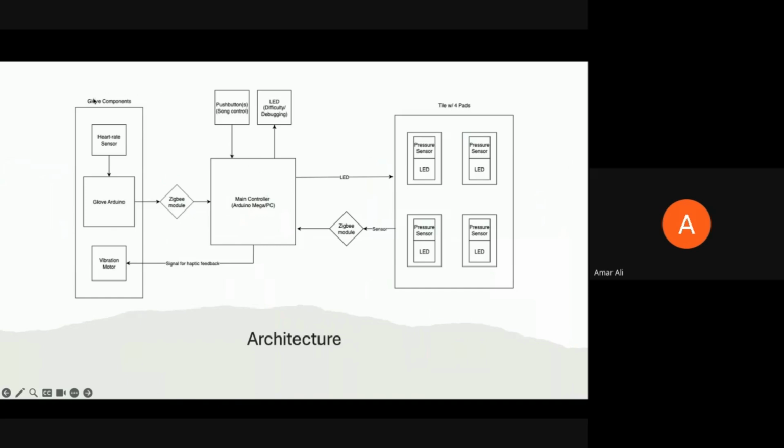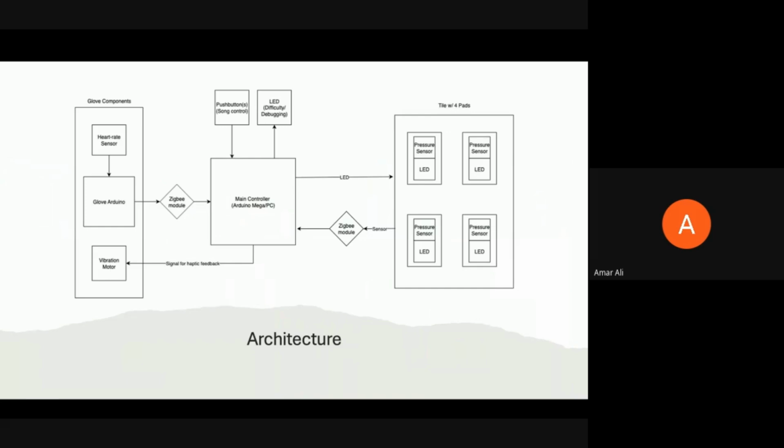The glove component that the user will hold will have a heart rate sensor to measure their beats per minute. It will have an Arduino on it in order to take the data from the heart rate sensor, and a vibration motor controlled by the Arduino on the glove. So it adds haptic vibration feedback while the user is playing.